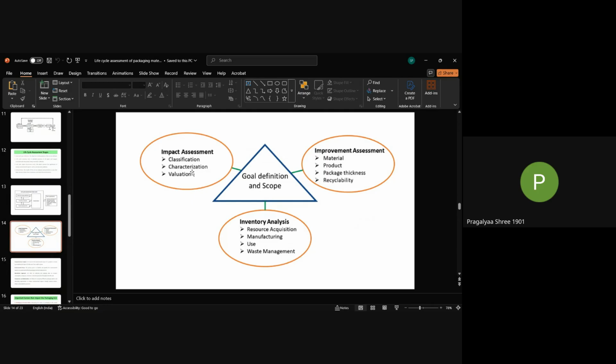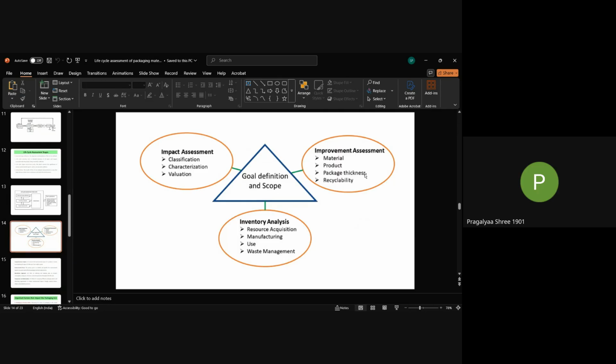You are going to classify them into degradable, biodegradable, or those requiring lesser time for degradation, or quick degradation of packaging material. All this has to be evaluated. Then finally, improvement assessment. If the packaging material needs it, you can go with material improvement. If a polymer material takes many years to degrade in the soil, that can be improved by blending it with other natural polymers.